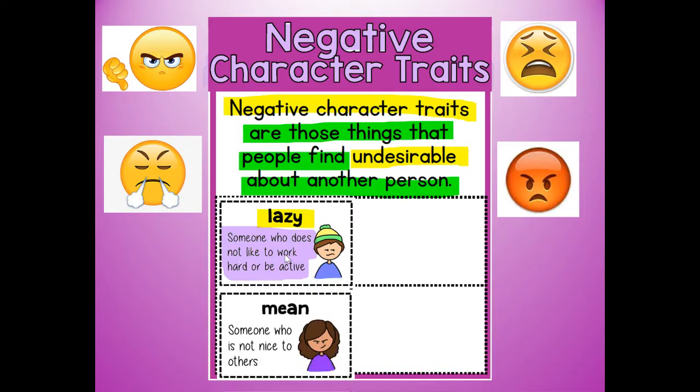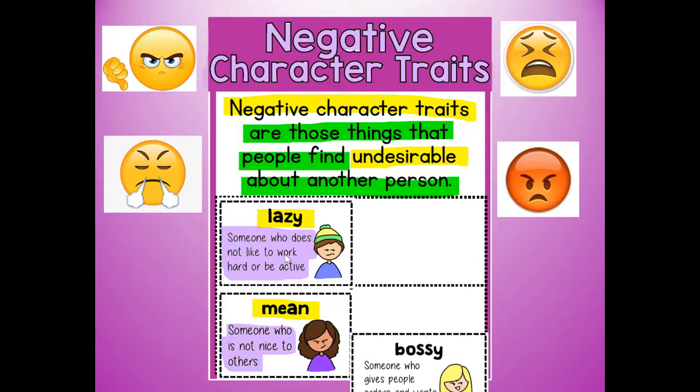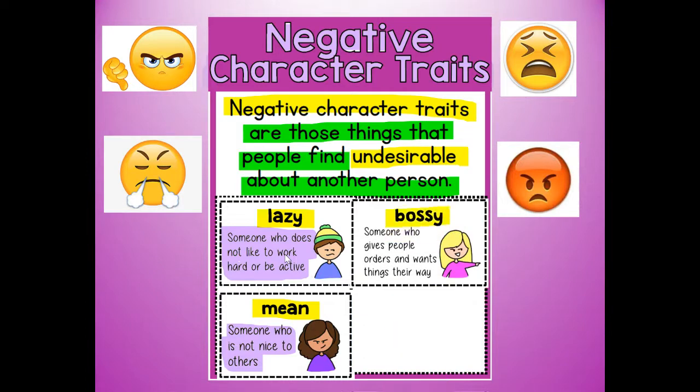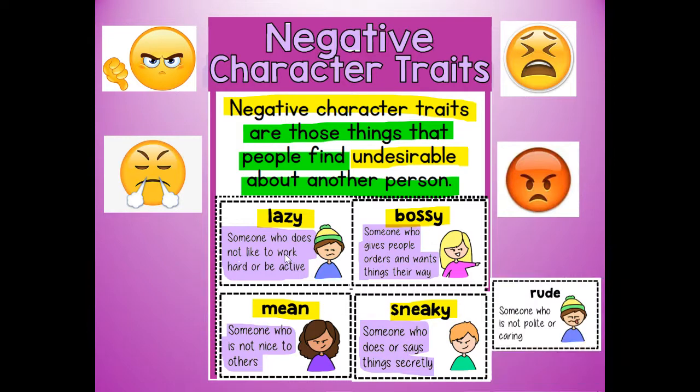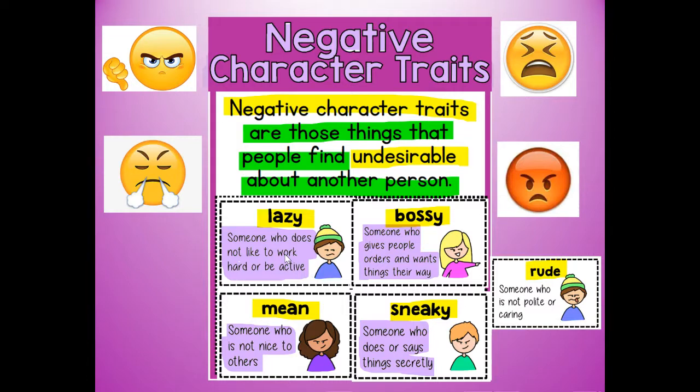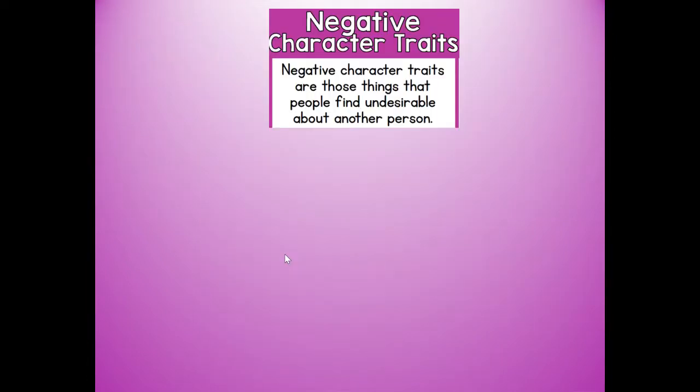A character might be mean, someone who is not nice to others. A character might be bossy, someone who gives people orders and wants things their way, or sneaky, someone who does or says things secretly. Or rude, a character might be someone who is not polite or caring.